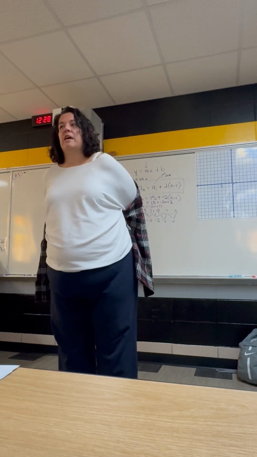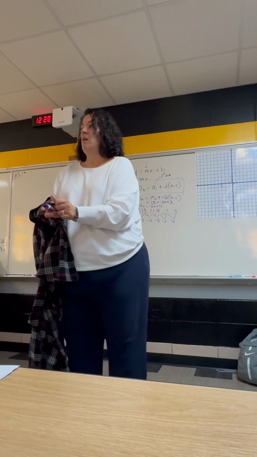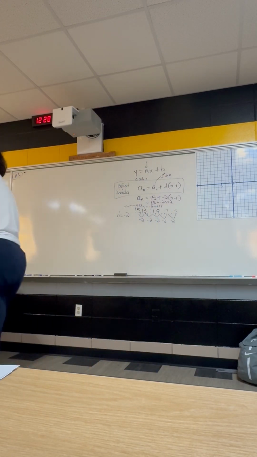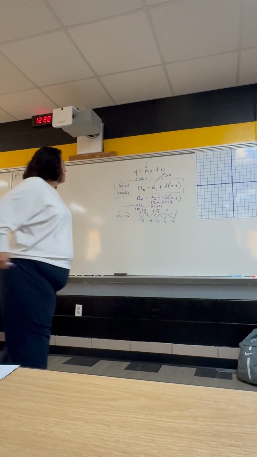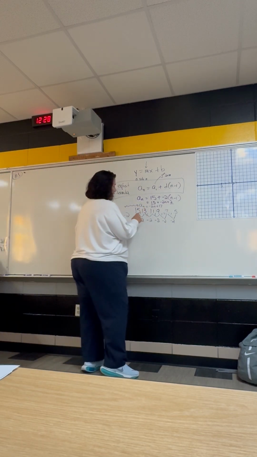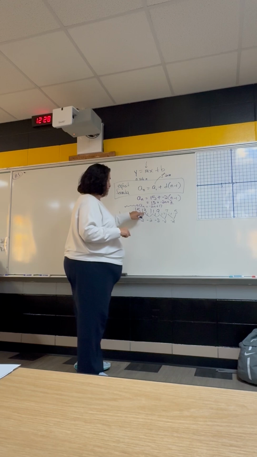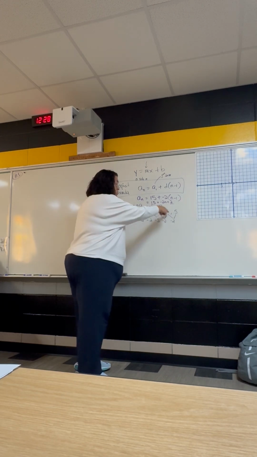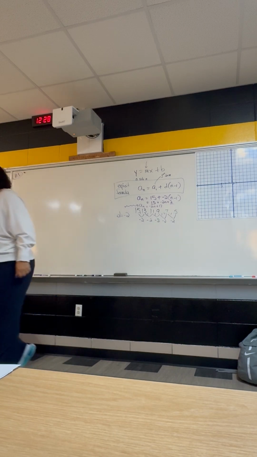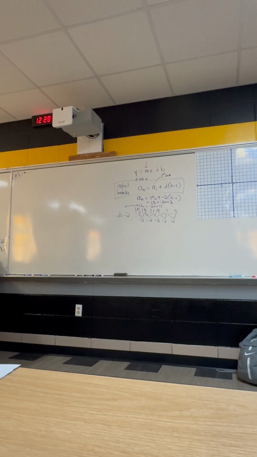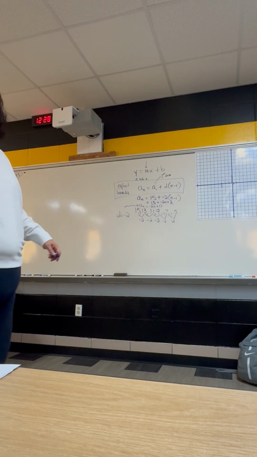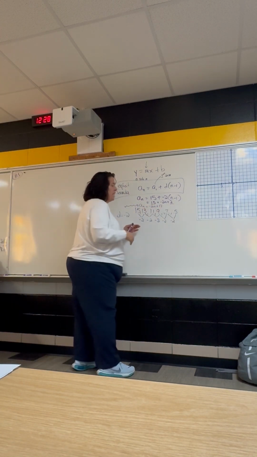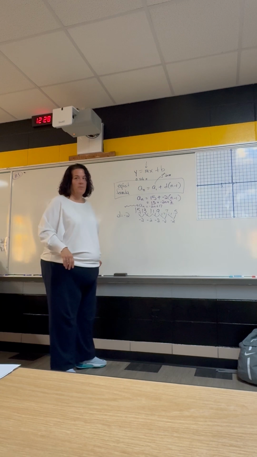So if I were to say, just like I asked you, what is the 6th term of the sequence? First term, second term, third term, fourth term, fifth term, sixth term. You told me what that sixth term was because we were figuring it out. But what if I asked you for the 106th term?